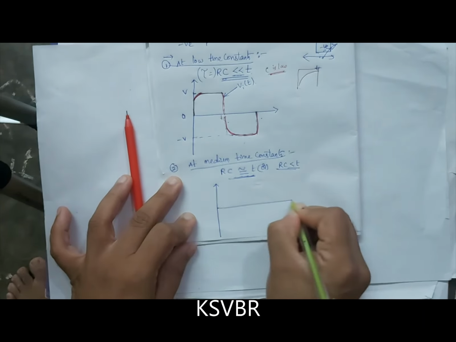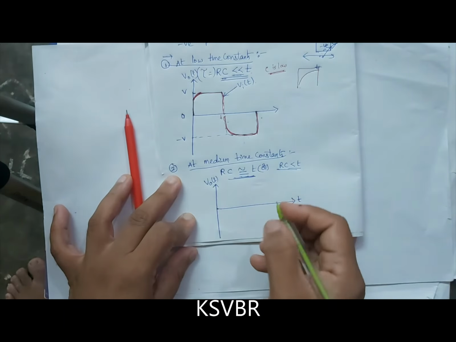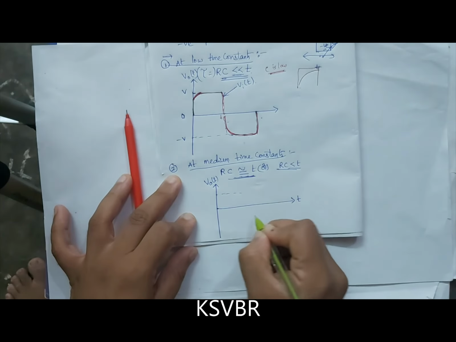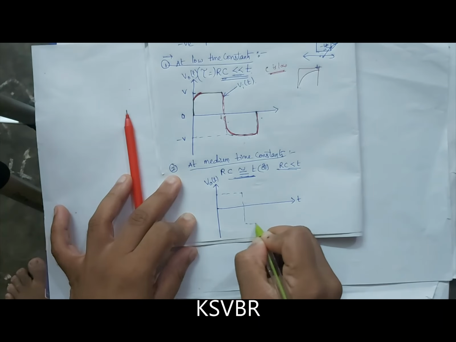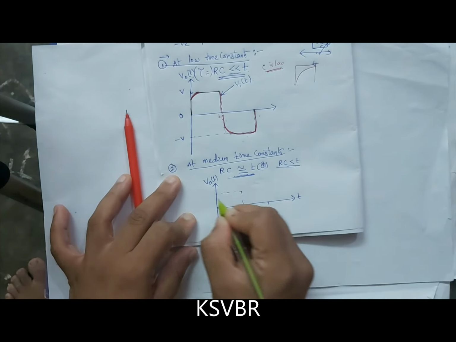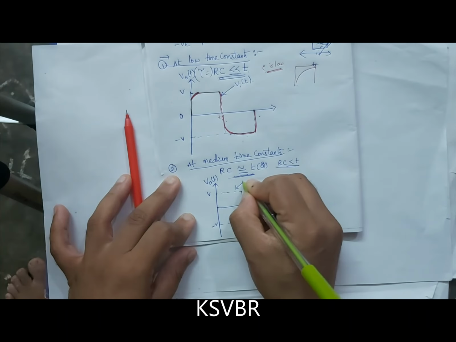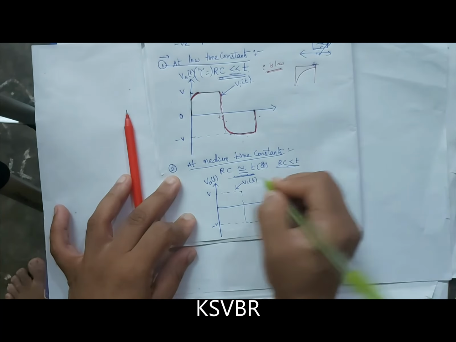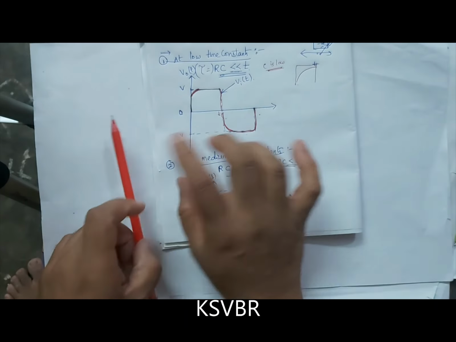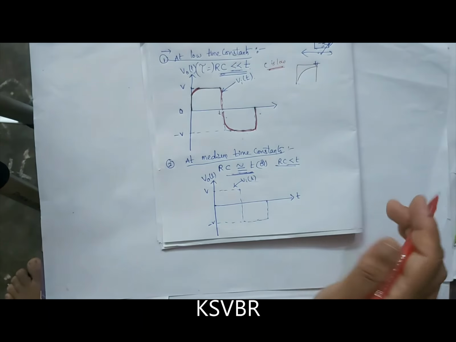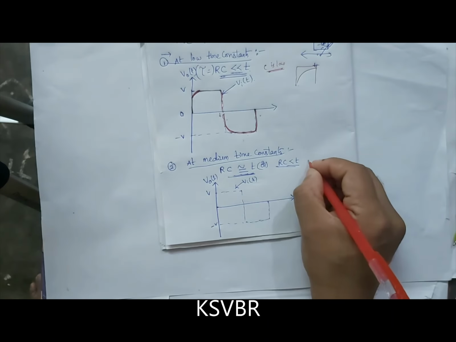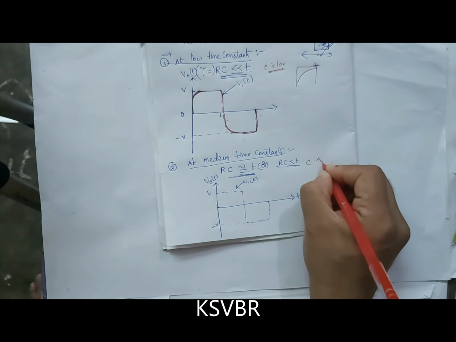So now represent it. This is V naught of t here, V, minus V. This is V input of t. Here what happened, how the response comes: the capacitance value here is somewhat increased.